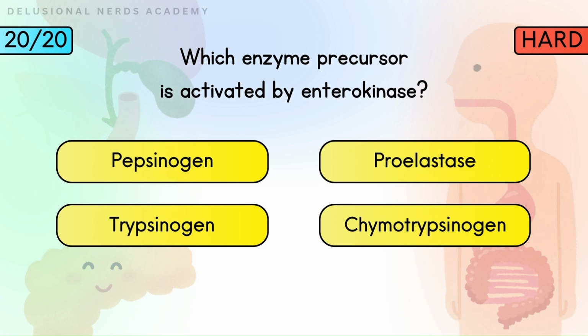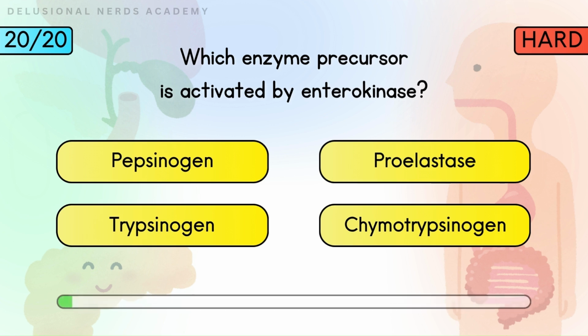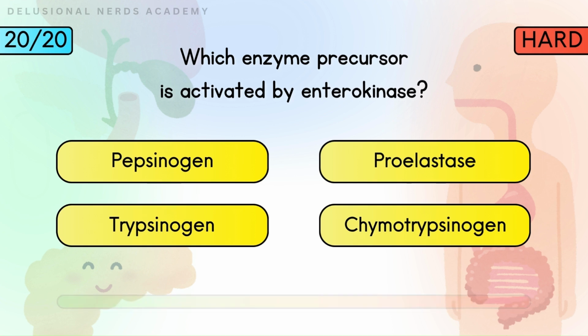Which enzyme precursor is activated by enterokinase? Enterokinase activates trypsinogen into trypsin in the duodenum.